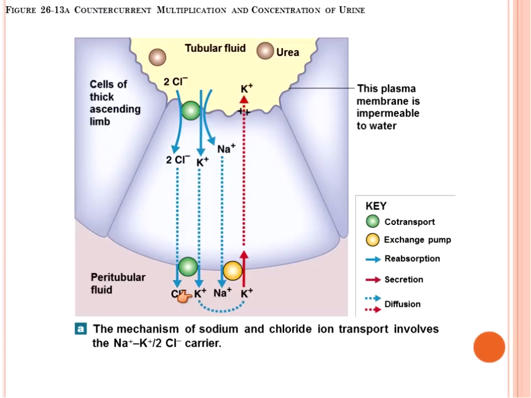Remember how that process works? So with those 2 potassium ions that came into the peritubular fluid, since we really don't need as high a concentration of them, we can go ahead and use those as our countertransport mechanism to pump them back into the urine.